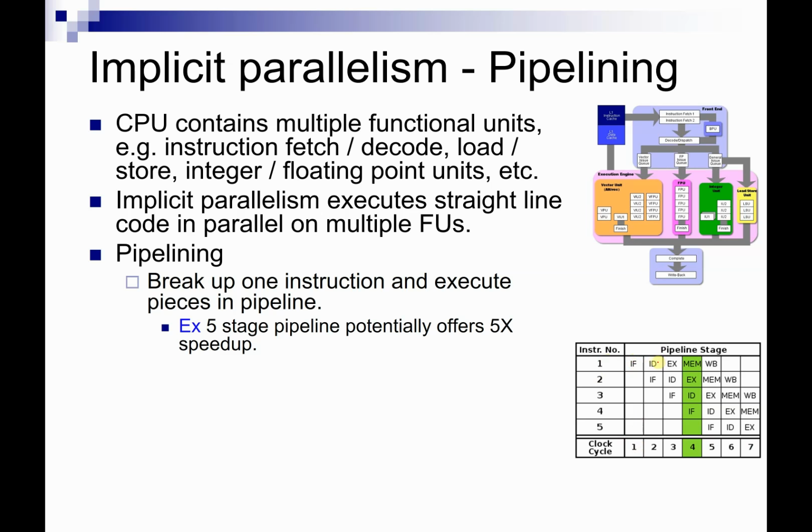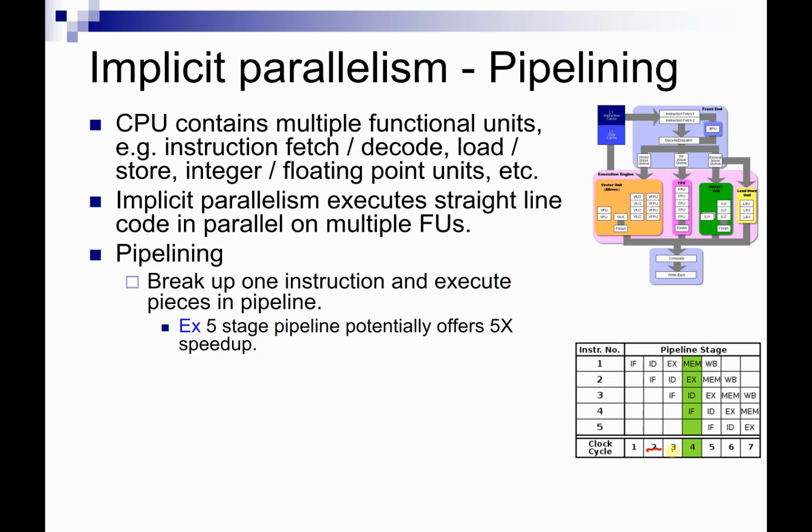Since we're now using the decode unit, the instruction fetch unit is now free, so we can use this instruction fetch unit to fetch the second instruction. Therefore, at the second time step, we're actually doing 2 things at the same time. We're decoding instruction 1 and fetching instruction 2.